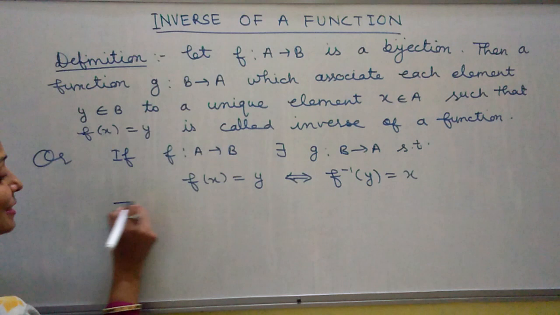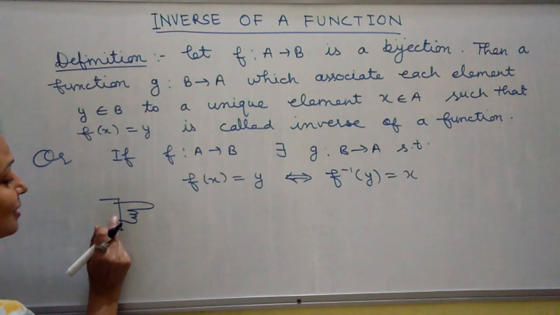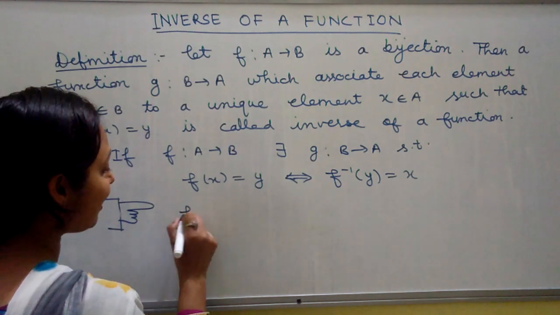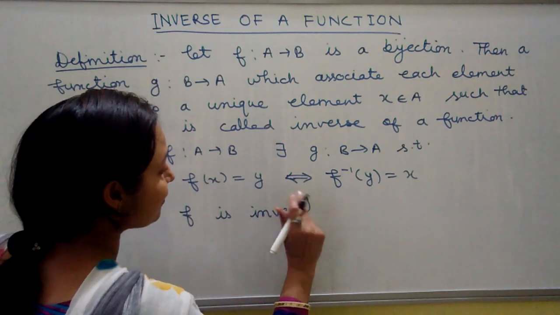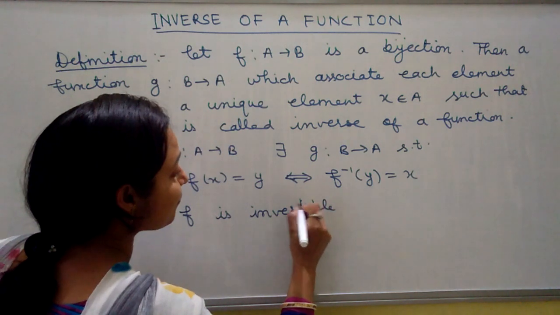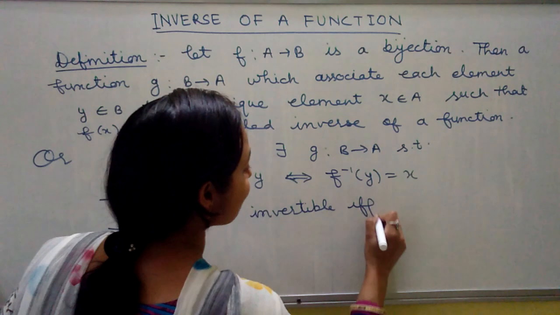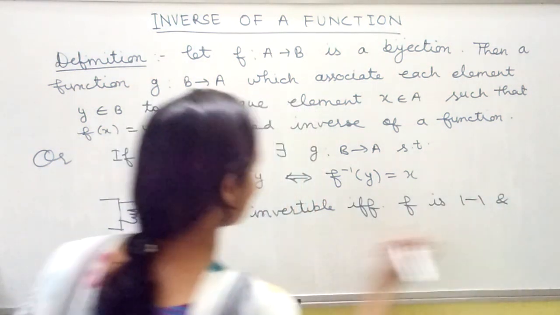Inverse is possible; this is the necessary and sufficient condition. A function f is invertible if and only if f is 1-1 and onto.